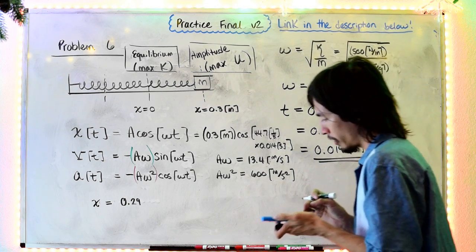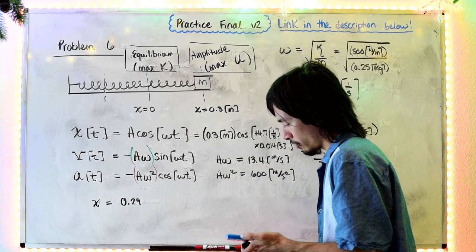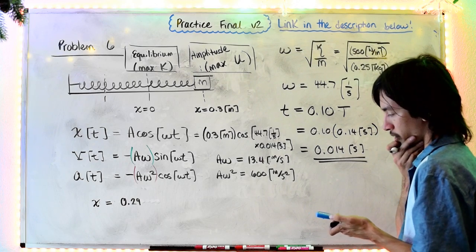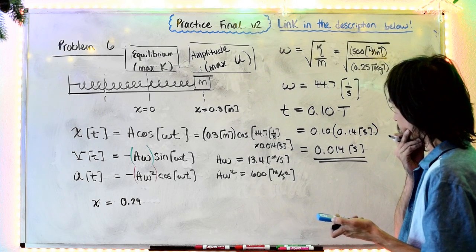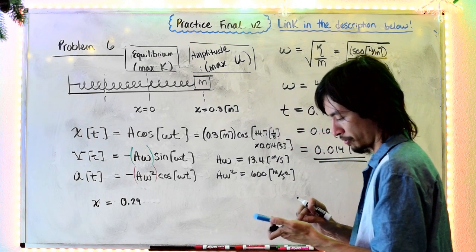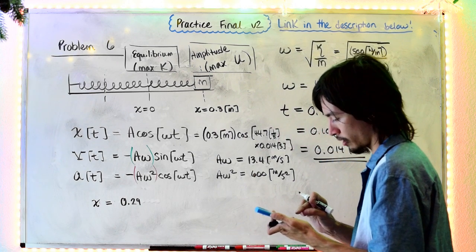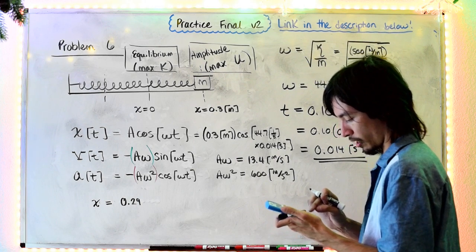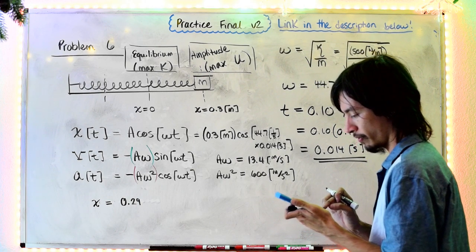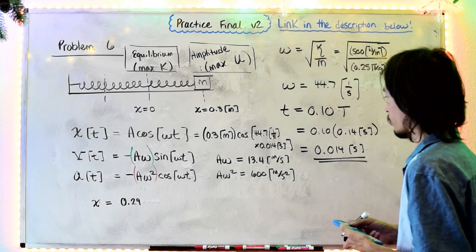And then the period was 0.14 seconds. So it's just 10% of that. So let's see, 0.25 over 500, square root of that answer, n times 2 pi. Okay, so everything looks right.